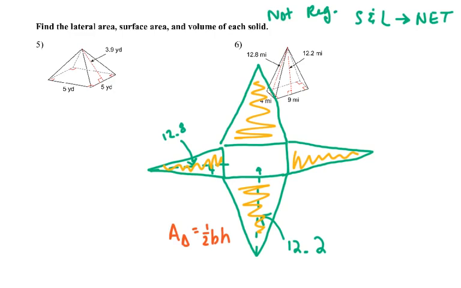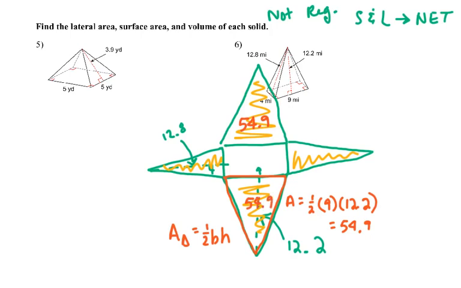So for this triangle, we do 1/2 times the base, which is 9, times 12.2. The area of that triangle is 54.9. And this triangle is congruent to it, so that's 54.9 as well.